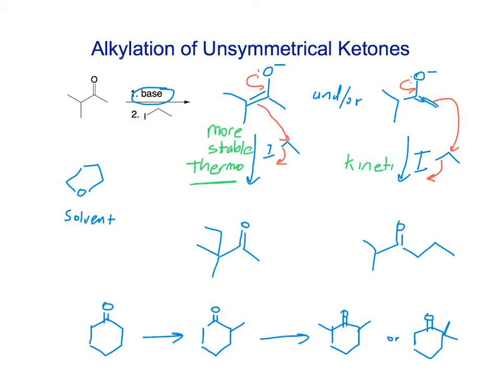We keep seeing this same kind of thing, don't we? This position over here is more exposed. It's easier for a base to react there very quickly. So, if we can run this reaction under conditions to control whether we're getting thermodynamic control or kinetic control, then we can control which enolate we form and which product we form.